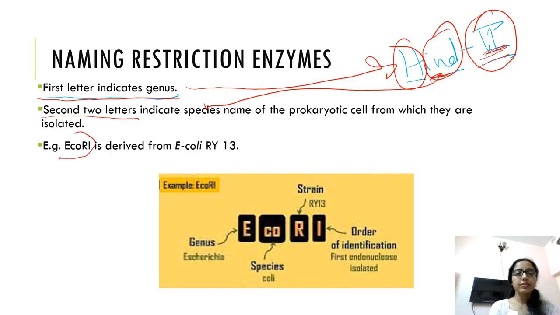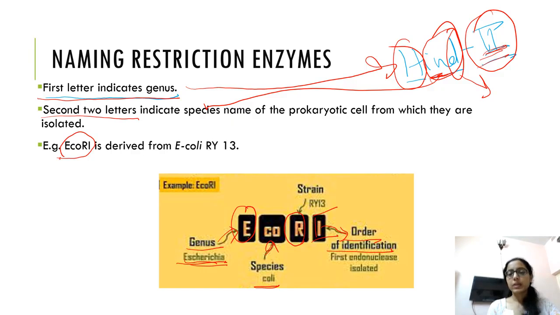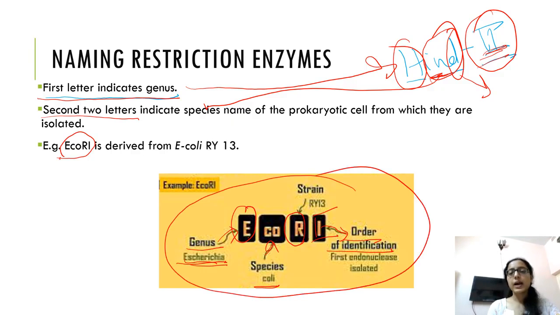Suppose this is another restriction enzyme, EcoR1. E stands for the genus Escherichia; E. coli's full form is Escherichia coli. So Escherichia is E, co is coli, and R is the strain. And this is not I, it is 1, EcoR1. The 1 is the order of identification in which this restriction enzyme was identified.